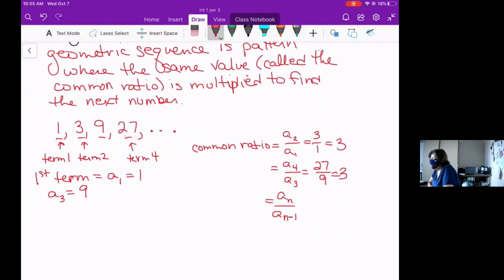So now let's talk about the explicit formula. Explicit formula just means the equation. And then we're going to practice this. This is otherwise known as the equation.